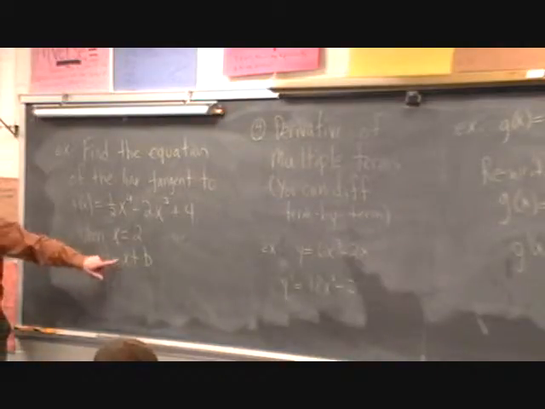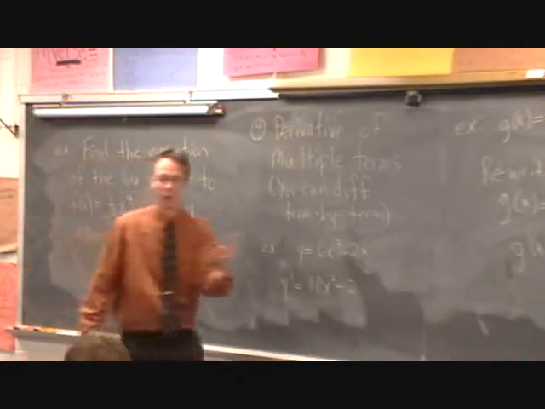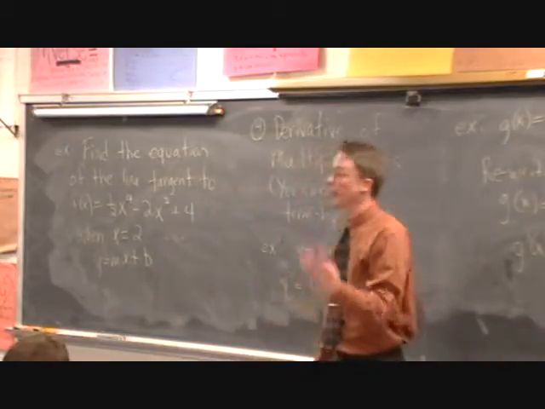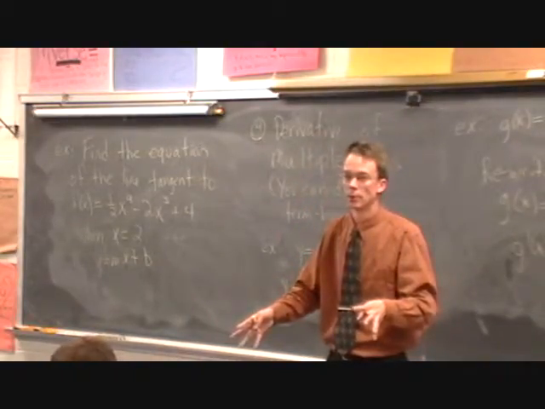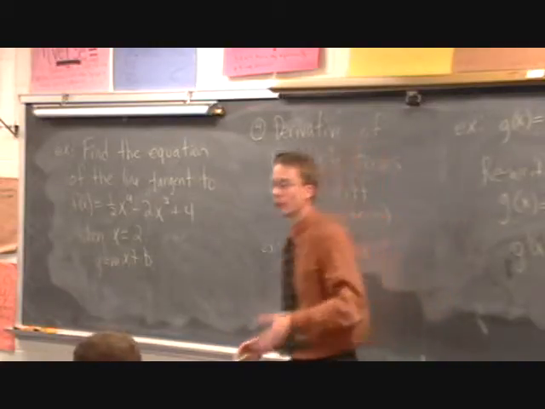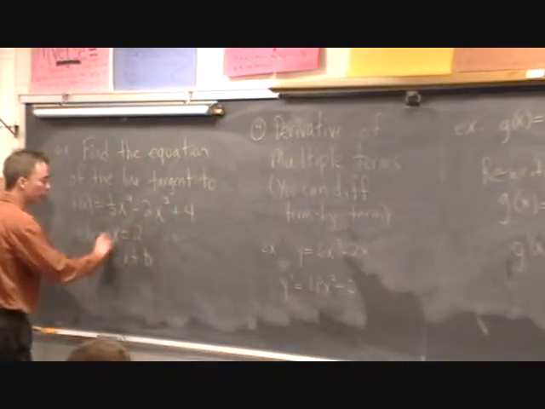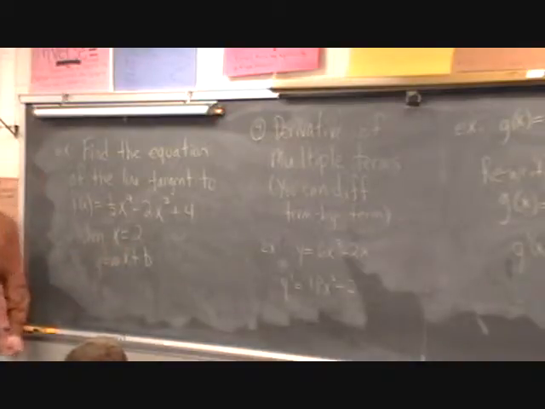So of these 4 things we need to know, how many do we actually know right now? 1, one of them for sure. We know what x is. They tell you x is 2. So we're going to plug that in for x.